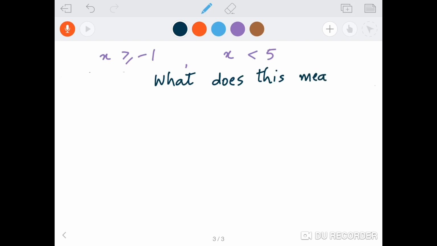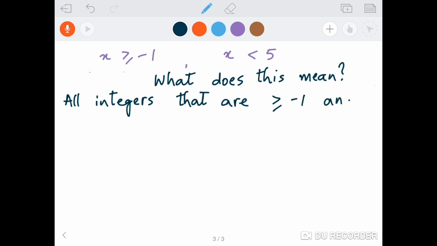When we talk about this, it means two things. One, we are looking at all integers that are greater than or equal to minus 1 but less than 5. So this basically means you're looking at integers between minus 1 and 5, in which minus 1 is also included.